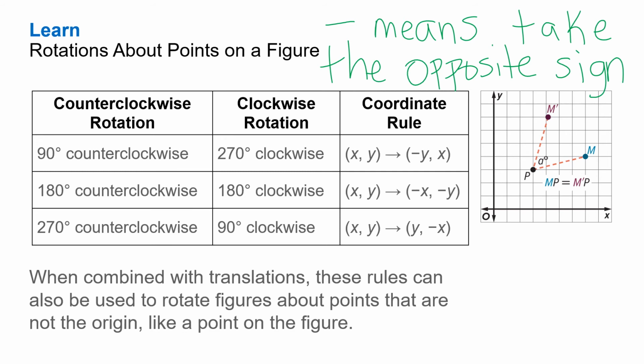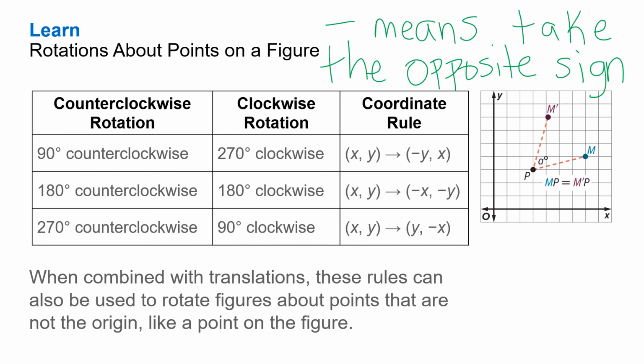180 degrees, no matter which direction you move, counterclockwise or clockwise, will end up in the exact same location. So we take our pre-image coordinates and rotate them 180 degrees, and the x coordinate and y coordinate take the opposite sign. 270 degrees counterclockwise is the same as 90 degrees clockwise.